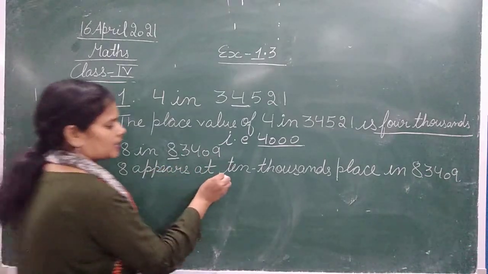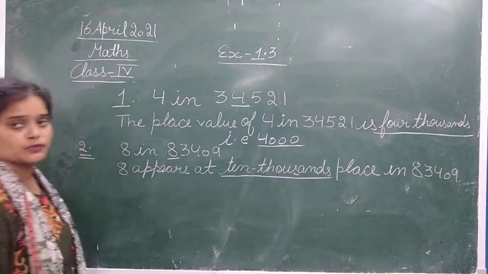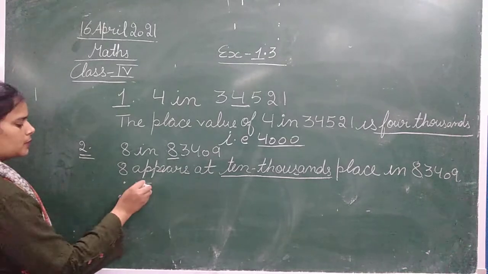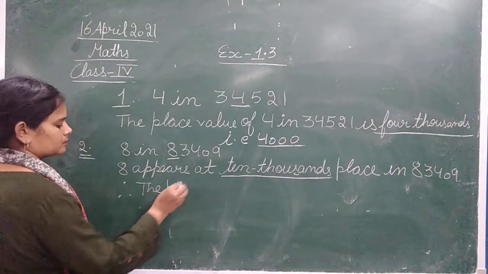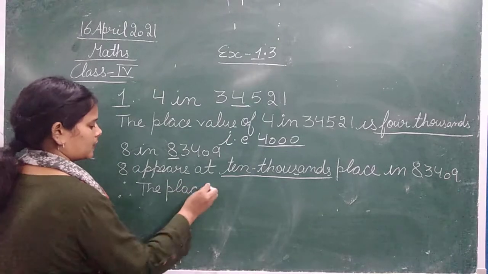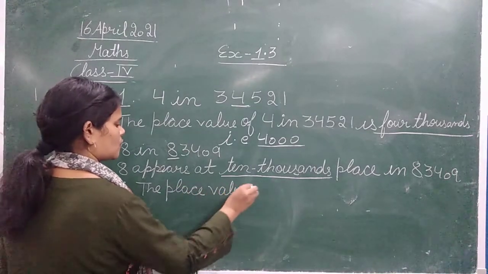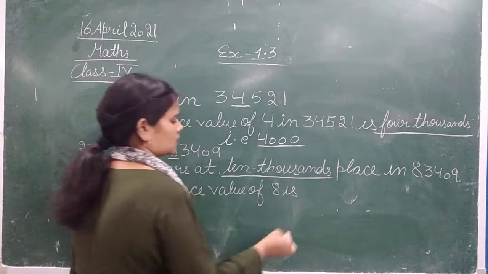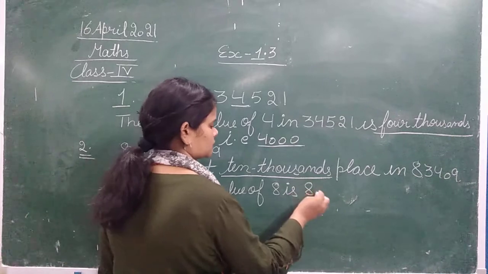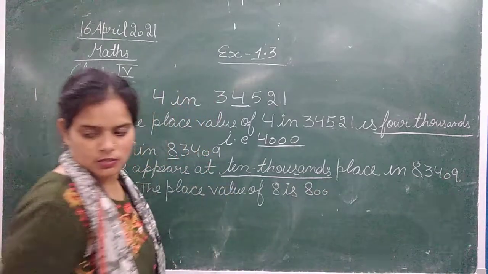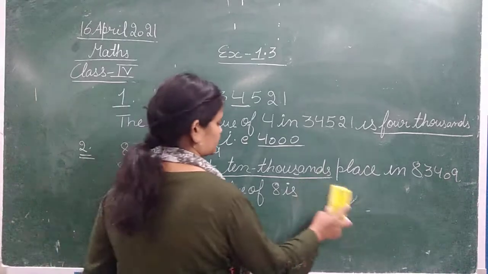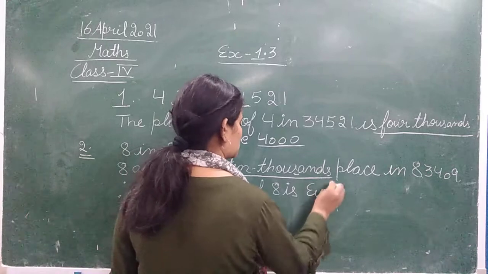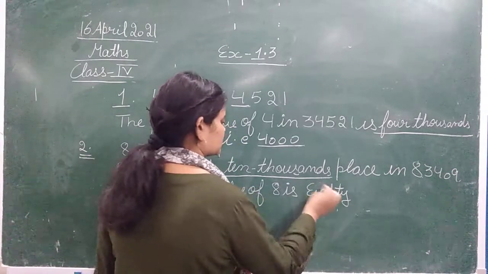So what is its place value? Therefore, the place value of 8 is 80,000.